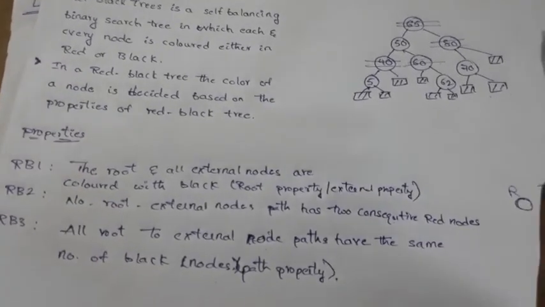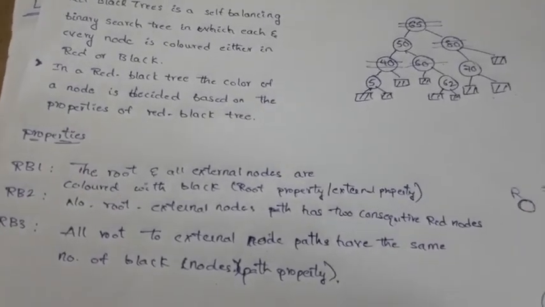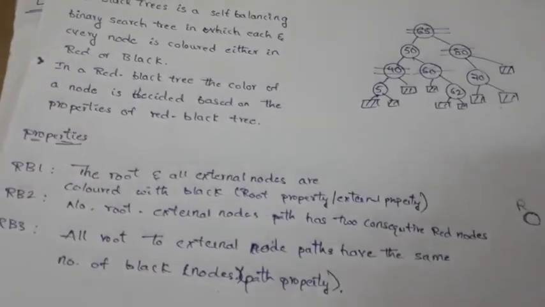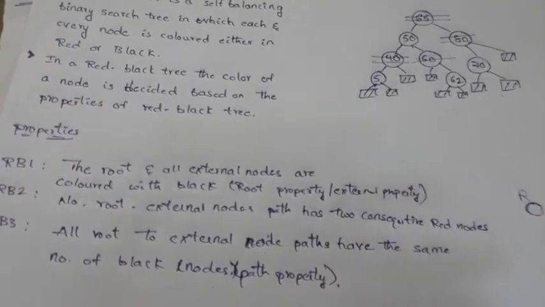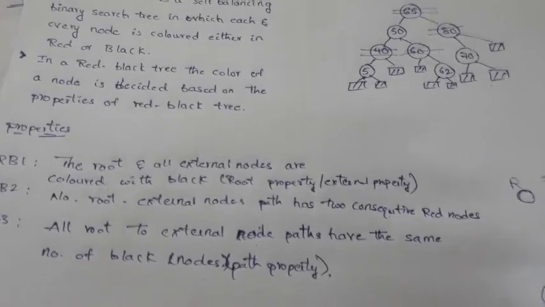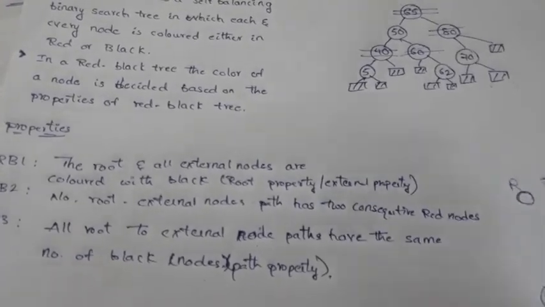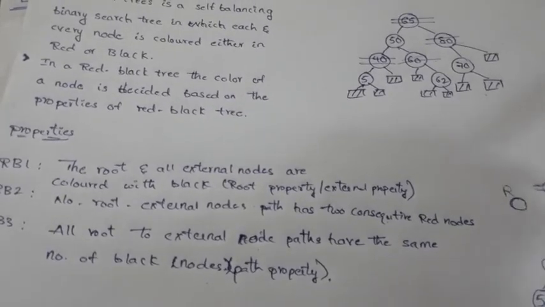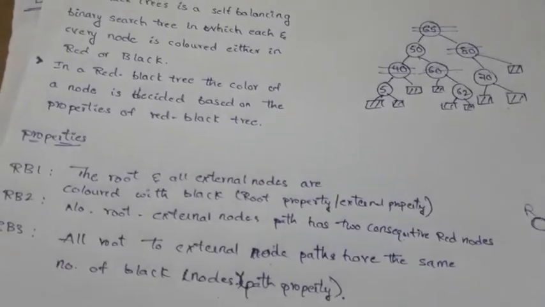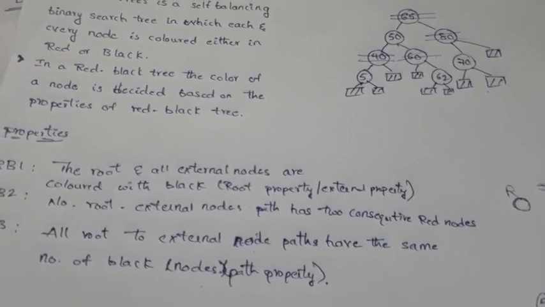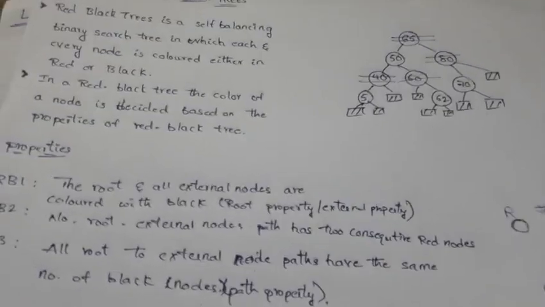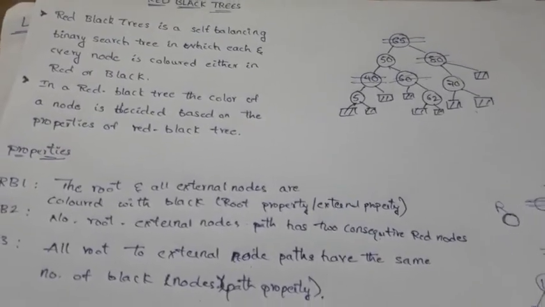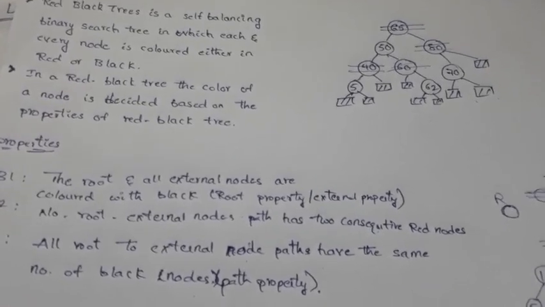And coming to insertions, first of all any element we insert should be in red color. If the tree is empty, then only the element that I have inserted will be black, otherwise all will be red. If we get any imbalances, in insertions mostly only the RB2 property will be violated.